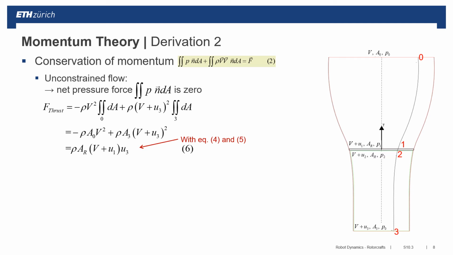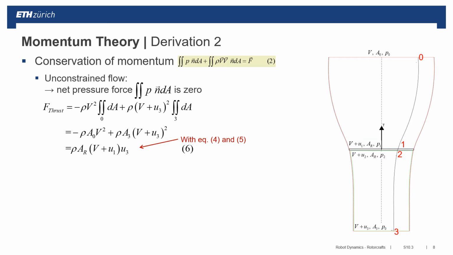Again, if we assume that we have a constant speed distribution over the whole surface, this boils down directly to a multiplication by the surface area, and so the thrust force can then be simply calculated, using also equations 4 and 5 from the previous slide, as the density multiplied by the rotor cross-section area and multiplied by the speed (V + u1) multiplied by u3.